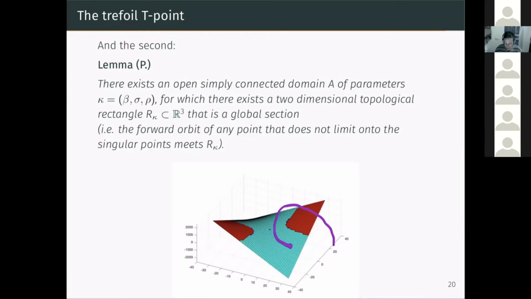You can take part of this paraboloid and cut it with some fixed plane, z equal to epsilon or something like that. You want this above the origin, of course. And every trajectory will have to pass through this cross-section downwards. So it's not hard to construct.